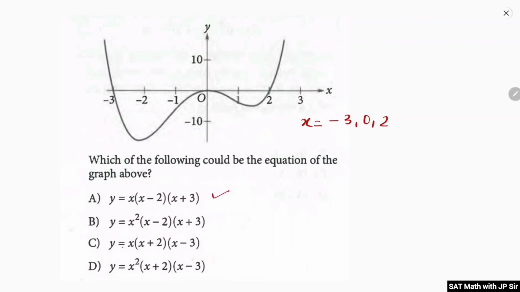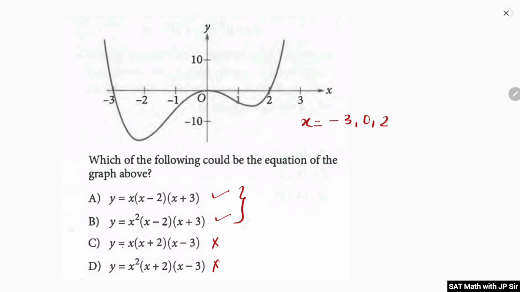We see here, we see here, we don't see here, and we don't see here. So the answer is one of these two. If you put this 0, you will get x is 3, not -3. Here you will get x is -2, not 2. That's why these are not the possible answers. We have eliminated them. The answer can be either A or B.